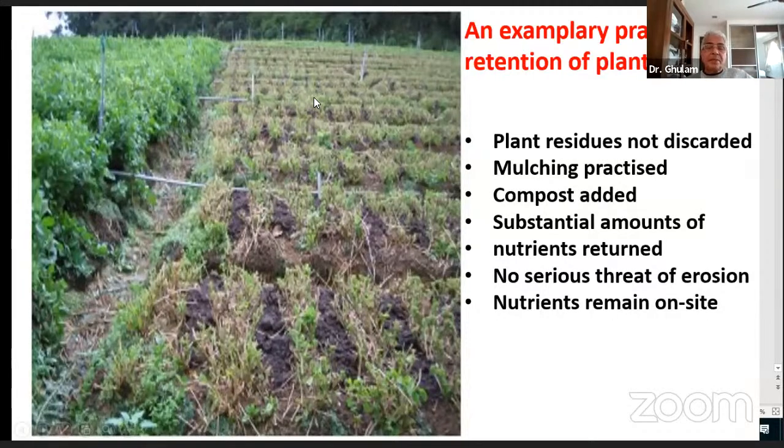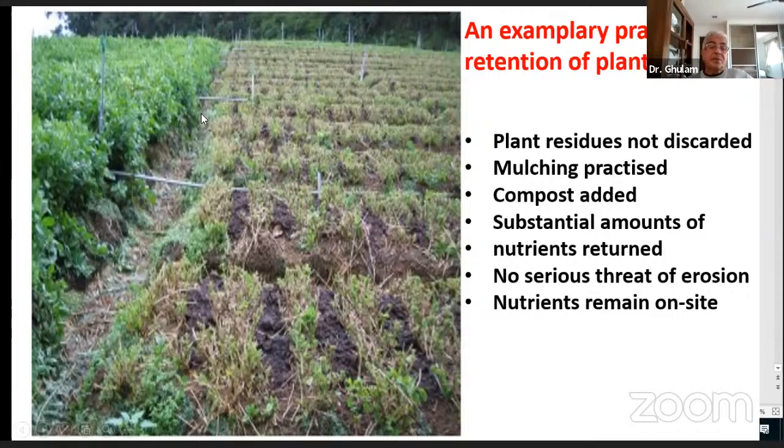Other than adding fertilizer, compost, manure, one of the things that you can do to retain nutrients in your farm or your enterprise is to return all the unwanted parts that you have. After you harvest, you don't throw away the stalks, the leaves, and others that some people consider as rubbish or trash.